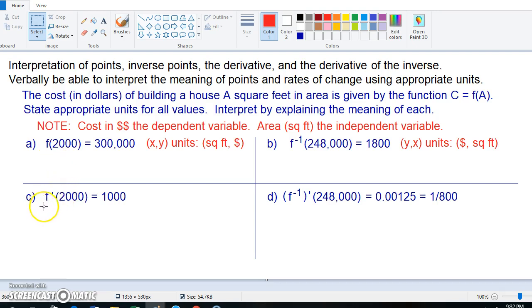Let's take a look at part C. f prime of 2,000 is 1,000. The input of f prime is area. The output is a rate of change, an instantaneous rate of change. So the units associated with the 1,000 are dollars per square feet.